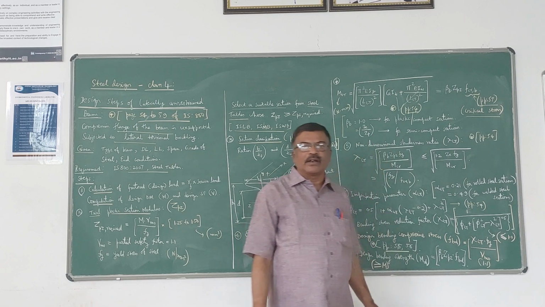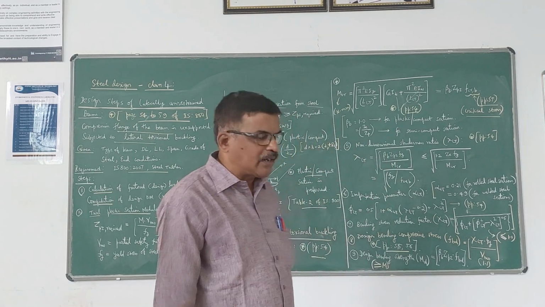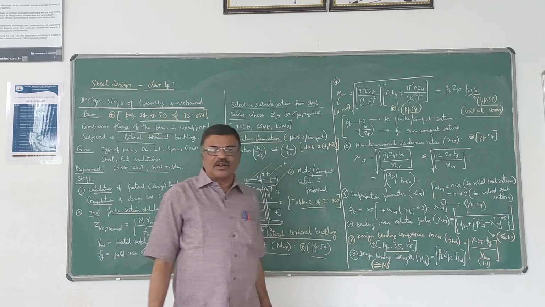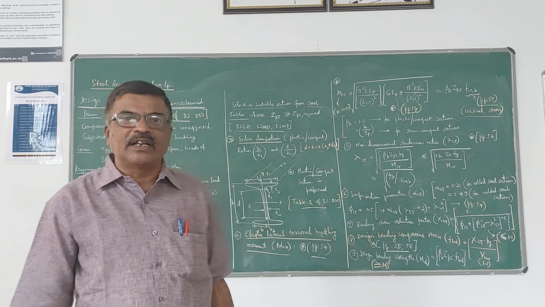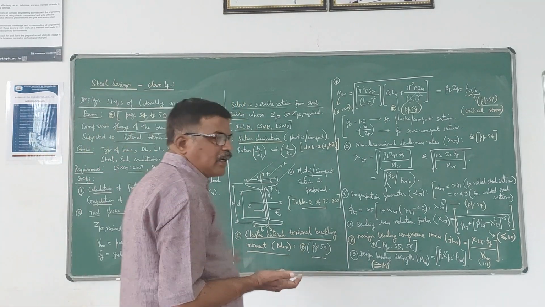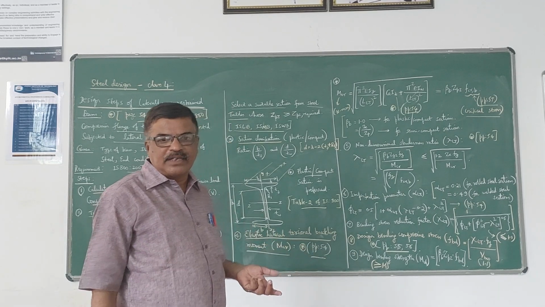That value should be greater than or equal to M. If this is satisfied, then the beam is safe against bending, or it has sufficient flexural strength. Afterwards you can check for shear, web buckling, web crippling and deflection. That completes the design.